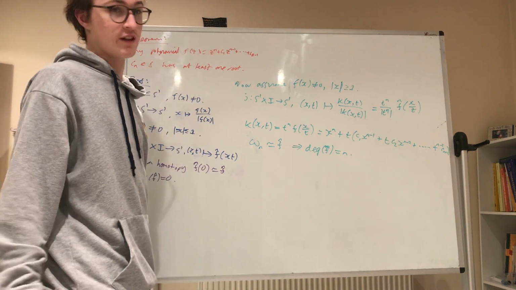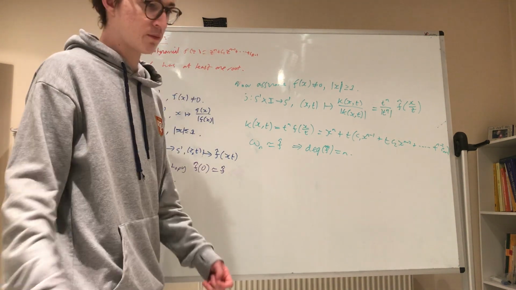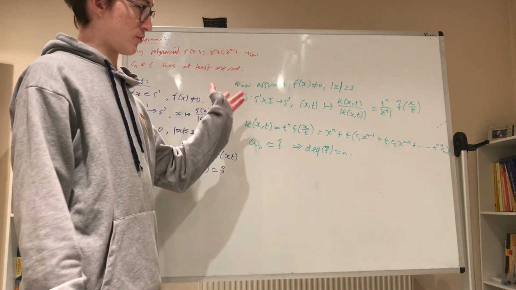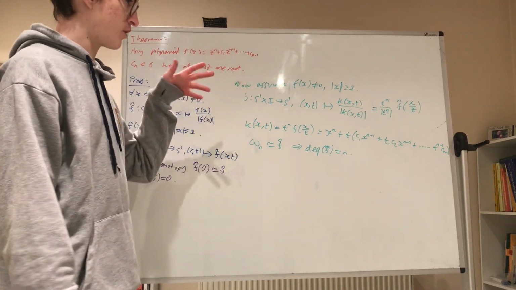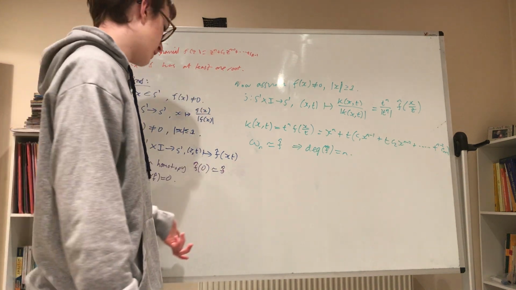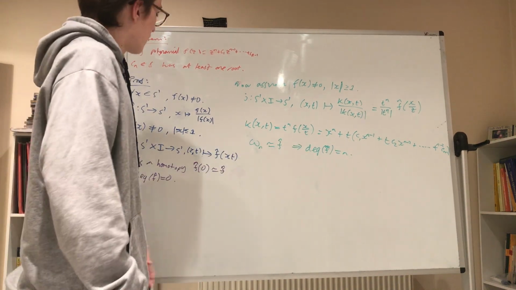I think this is just a really simple proof, and it's extremely surprising. If you told me that the fundamental theorem of algebra can be proved using homotopy, I'd probably find you crazy, but here it is.